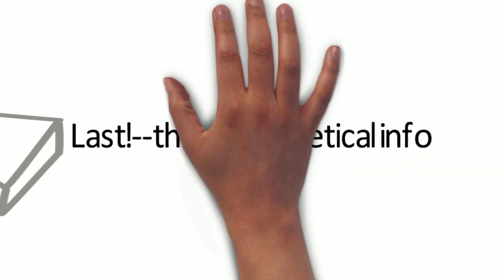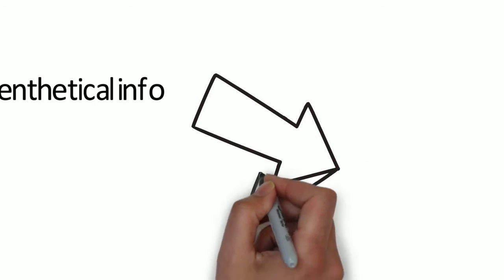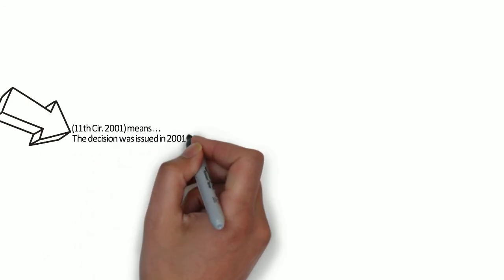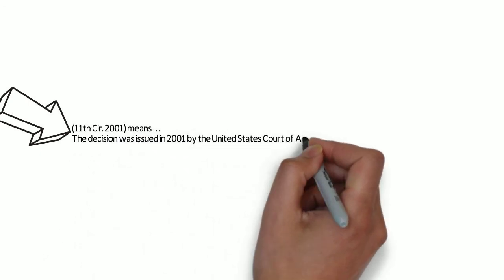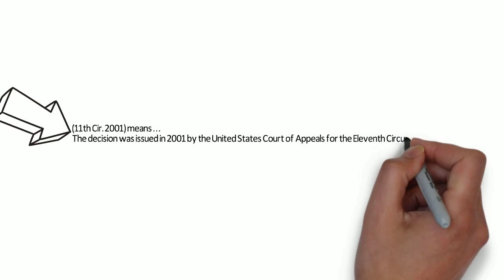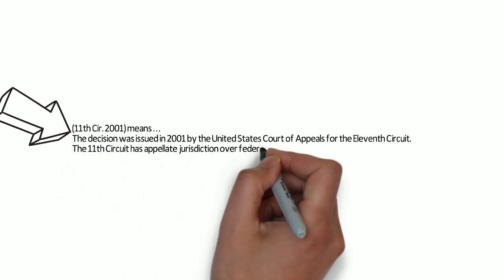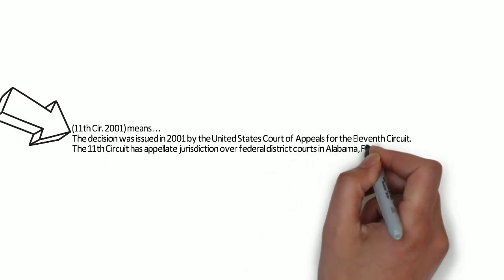Last, we come to the parenthetical info, 11th Cir. 2001. This means that the decision was issued in 2001 by the United States Circuit Court of Appeal for the 11th Circuit. The 11th Circuit has appellate jurisdiction over federal trial courts in Alabama, Florida, and Georgia.